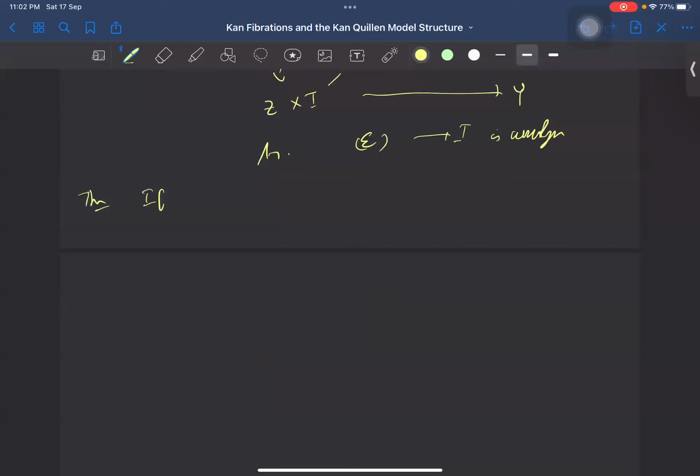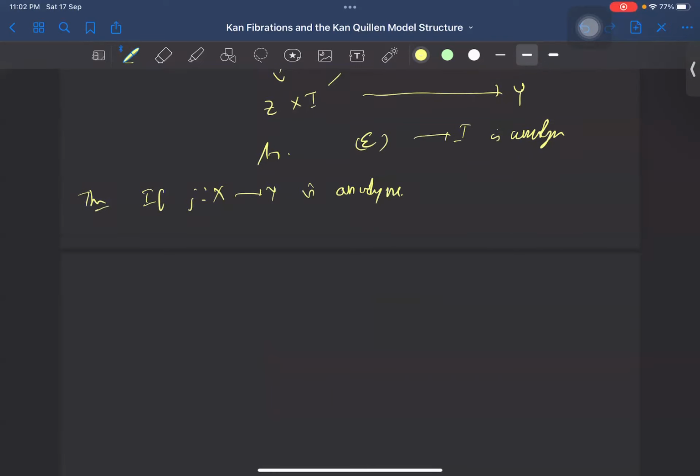If we have an anodyne map... wait, let me make sure. Okay, so let me write this from the beginning. What am I calling this? I'm calling this J.